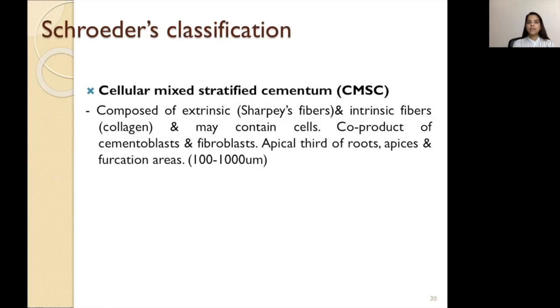The third is cellular mixed stratified cementum, CMSC, composed of extrinsic, that is Sharpey's fibers, and intrinsic fibers, that are collagen fibers, and may contain cells, a co-product of cementoblasts and fibroblasts, found in the apical third of roots, apices, and furcation areas.